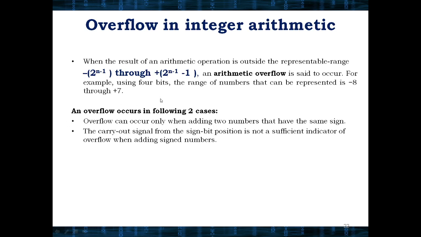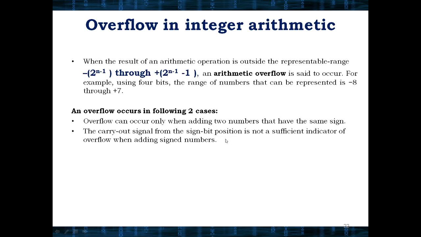An overflow occurs in the following two cases. Case 1, overflow can occur only when adding two numbers that have the same sign. The carry out signal from the sign bit position is not a sufficient indicator of overflow when adding signed numbers.